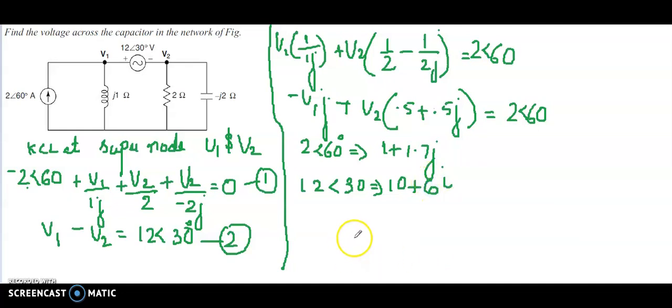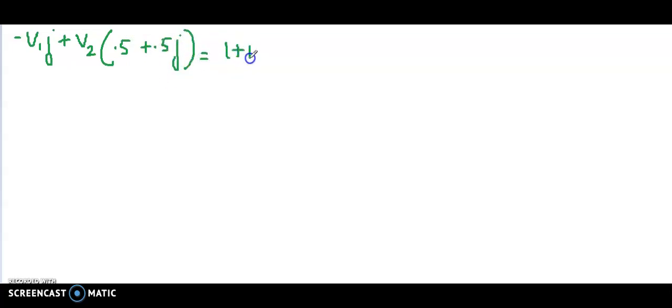So now we have minus V1j plus V2 into 0.5 plus 0.5j is equal to 1 plus 1.7j, and V1 minus V2 is equal to 10 plus 6j.